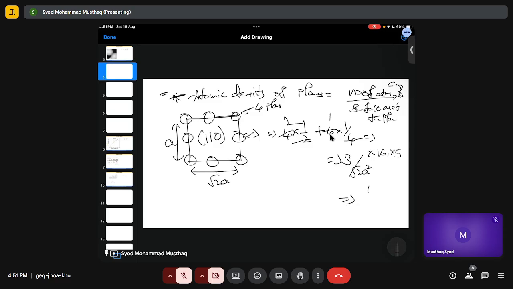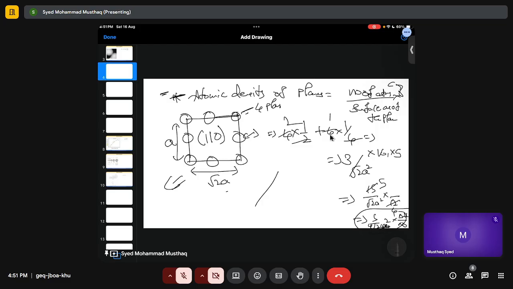So 15 upon root 2a square times k1, and there is also your coordination number which is 12, times delta hf by L naught. So this is how you find the surface density of the atomic plane.